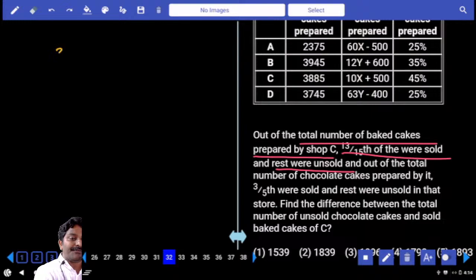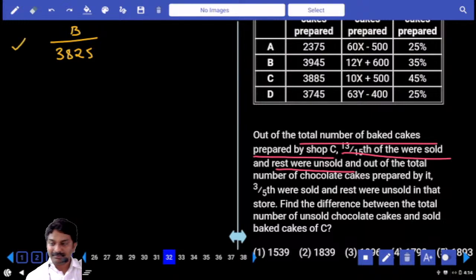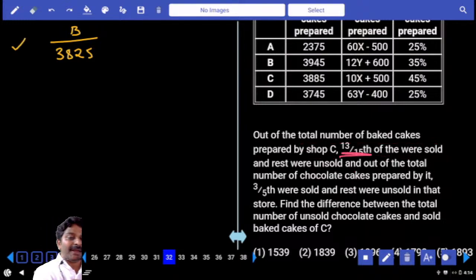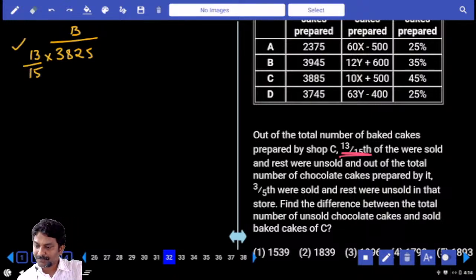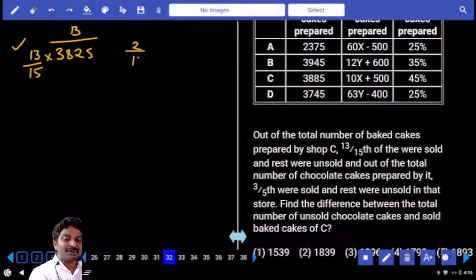So out of 3825 baked cakes, how many are sold? 13/15 are sold. Okay, keep it aside. Remaining are unsold. If 13/15 are sold, the remaining is 2/15 only. You need not write it now; later also you can write it.